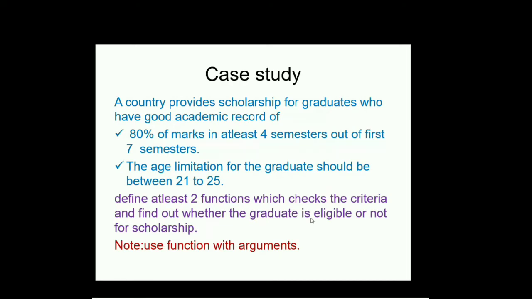Out of 8 semesters, if you are scoring 80% in at least 4 semesters, you are eligible. And if your age is from 21 to 25, you are eligible. If these two conditions are met, you should get information that you are eligible for the scholarship. Otherwise, you should get information that you are ineligible for the scholarship.